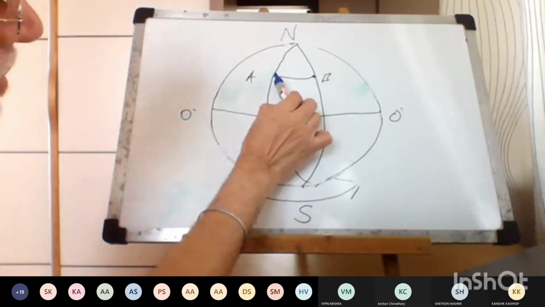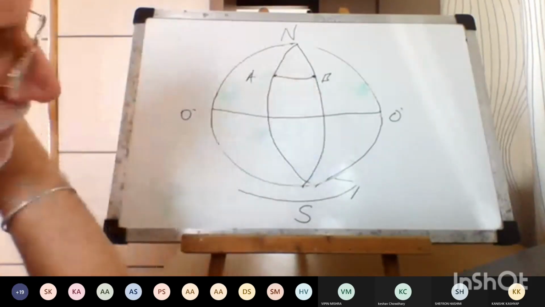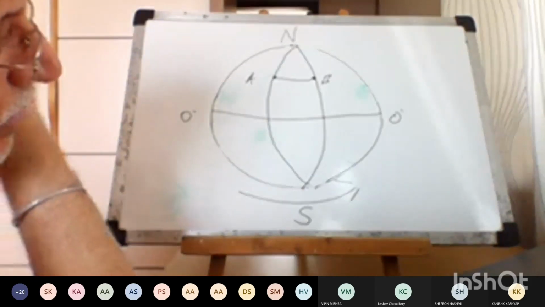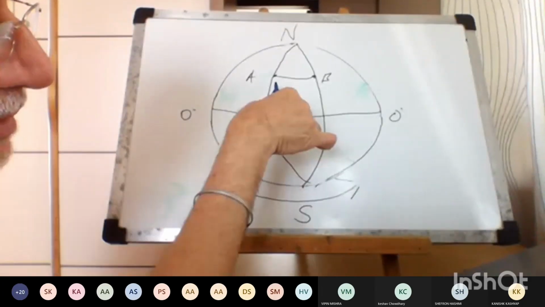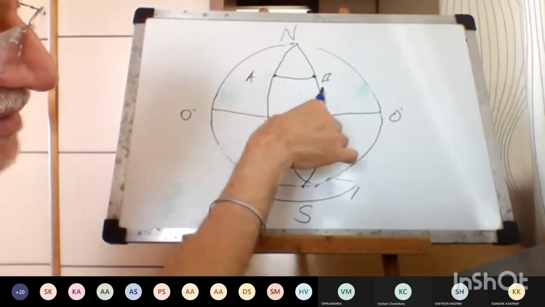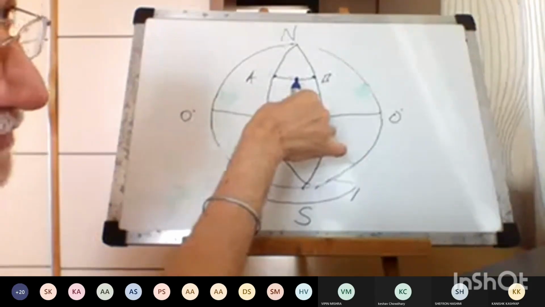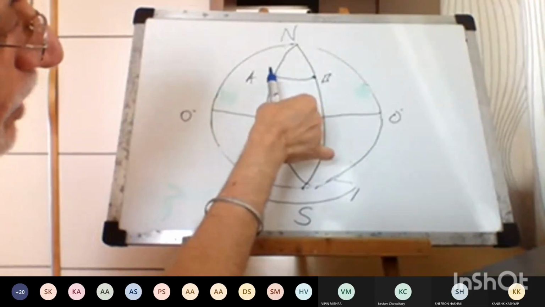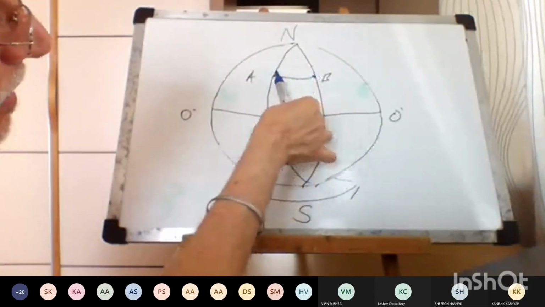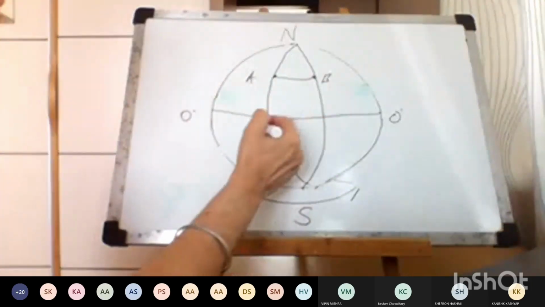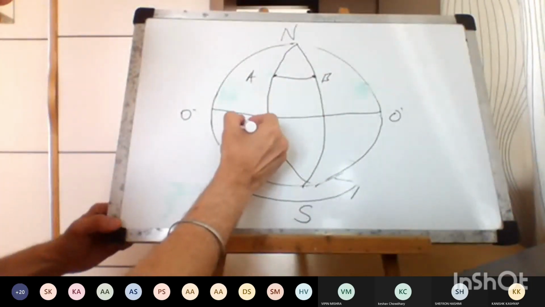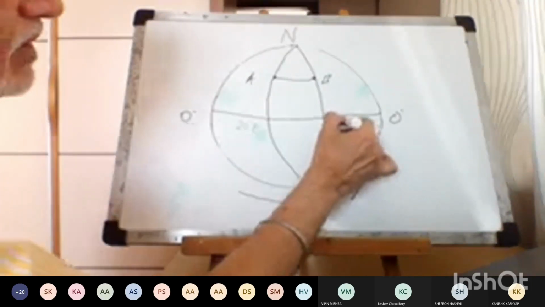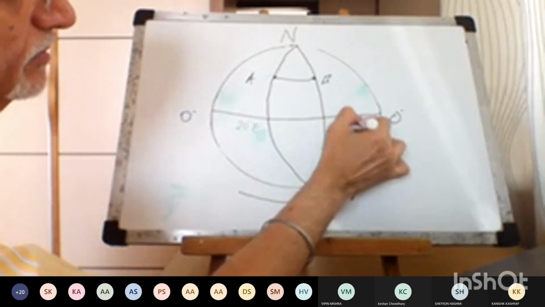If someone is going from point A to point B, he is also covering some distance. The distance is AB. He is going from a longitude, let's say 20 east to 40 east.